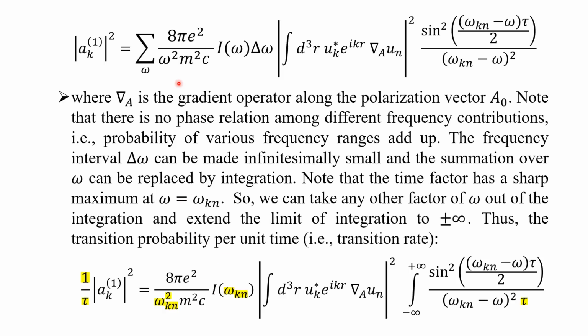Then this omega squared will become omega kn squared. We are taking the integral of the sine term because its frequency range is very narrow, so we are taking the integral for this sine squared term also. And of course, already this is the integral part. Moreover, here we are dividing by time tau, so I am dividing both the left hand side and right hand side by tau.